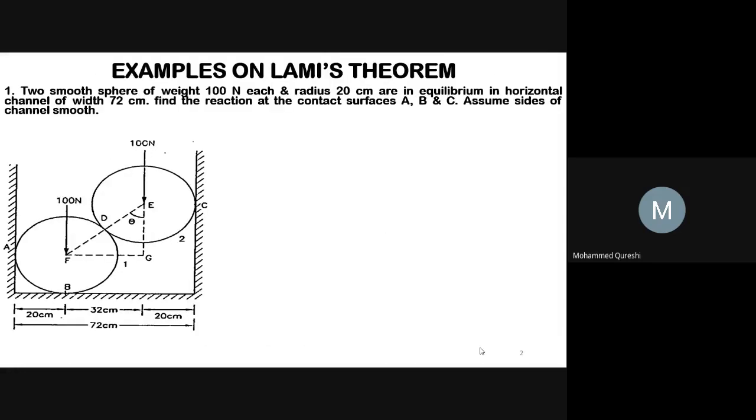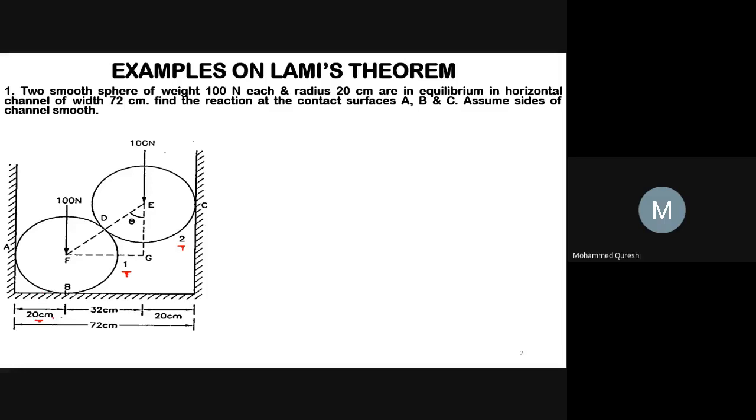So, two smooth spheres of weight 100 Newton each. Here, sphere 1 and sphere 2, each weighing 100 Newton, having the radius 20 centimeter.